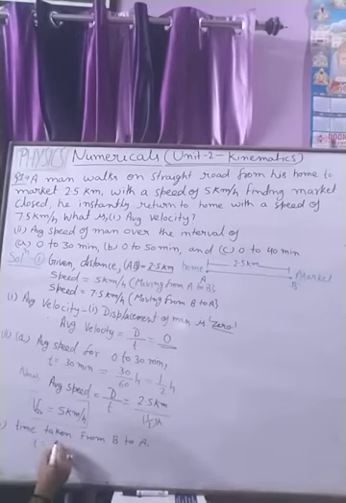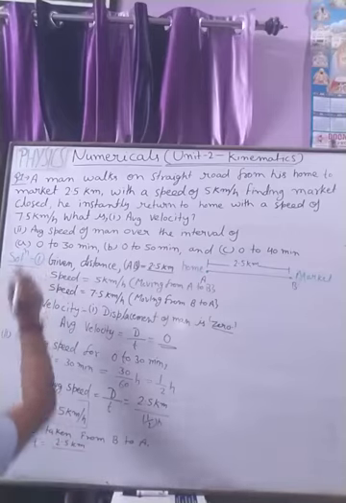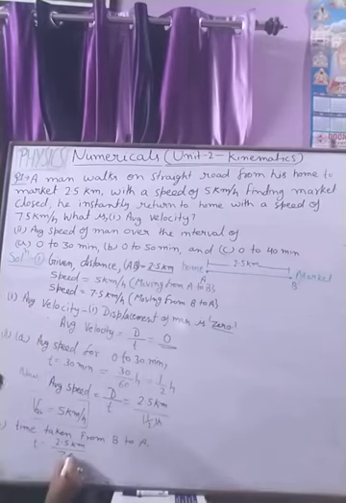T is equal to 2.5 kilometer and the speed is 7.5 kilometers per hour. So we can find this 1/3 hours. ये उसको टाइम लगता है वापस जाने में.